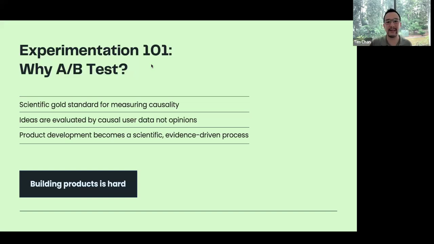Skeptics will criticize this and say they don't need A/B testing. They hire smart people, a lot of smart people. And these people we hire because they have good product sense and intuition. So they're going to make the right decision, right? But the truth is that even among top tech companies, only a third of all ideas work. This has been published work that has been thoroughly reproduced by a lot of other top tech companies such as Airbnb, Microsoft, Google.